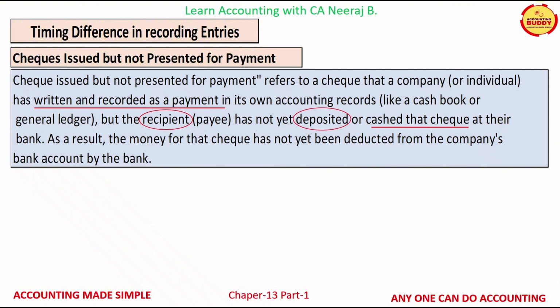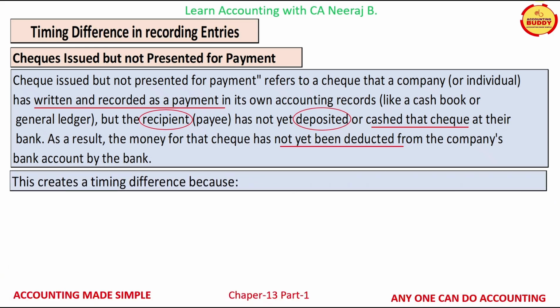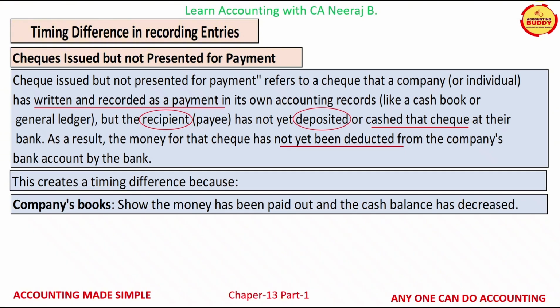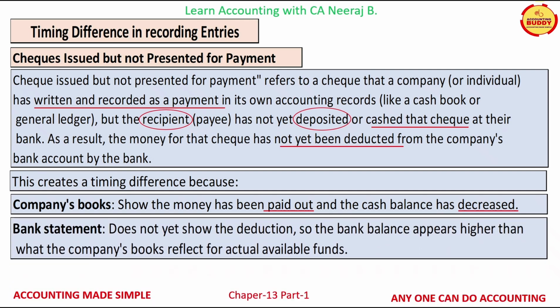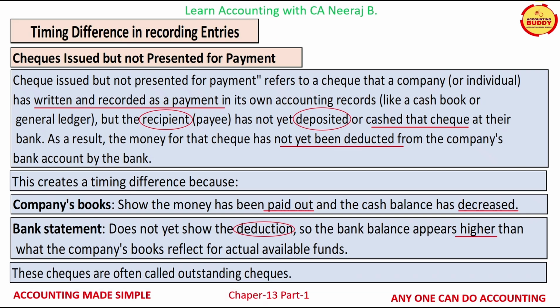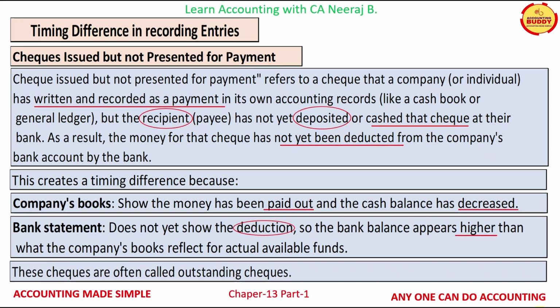As a result, the money for that check has not yet been deducted from the company's bank account by the bank. This creates a timing difference because the company's books show the money has been paid out and the cash balance has decreased, whereas the bank statement does not yet show the deduction, so the bank balance appears higher than what the company's books reflect for actual available funds. These checks are often called outstanding checks.